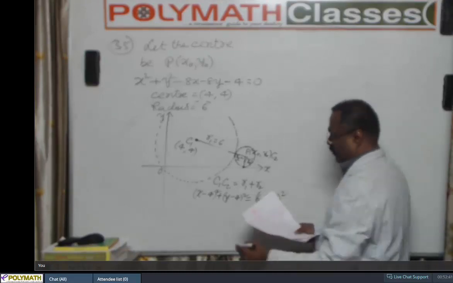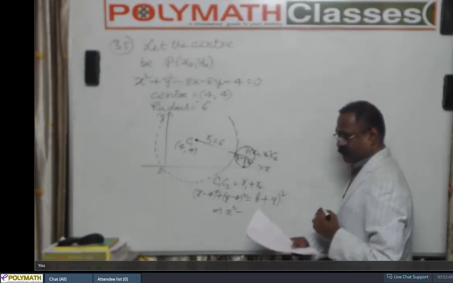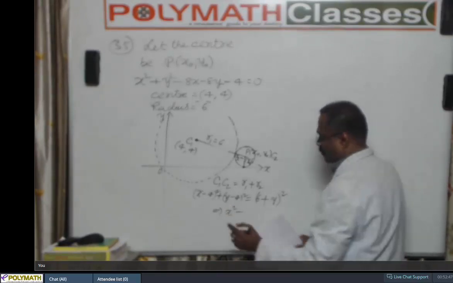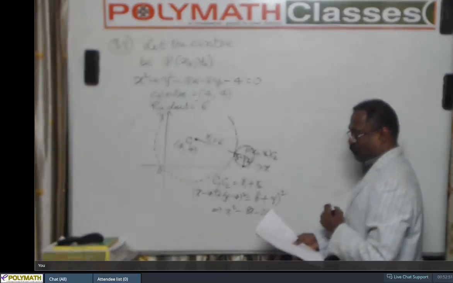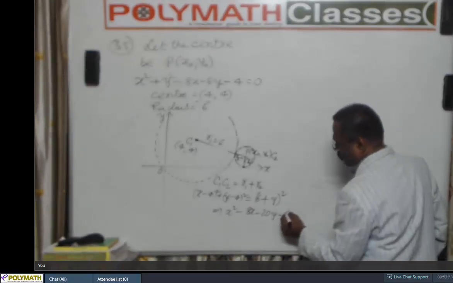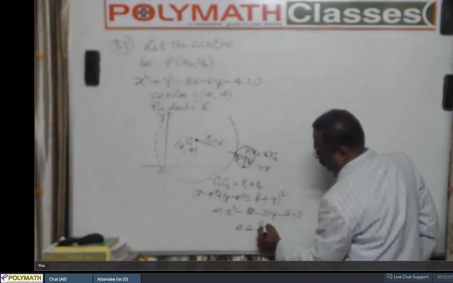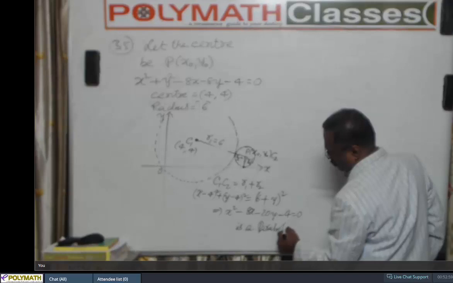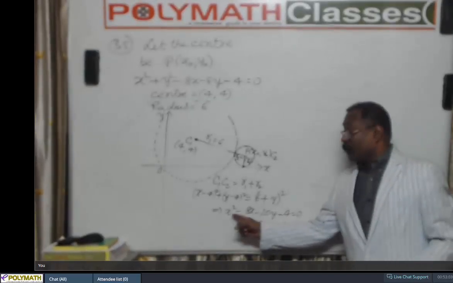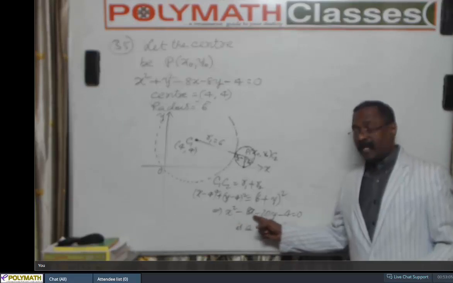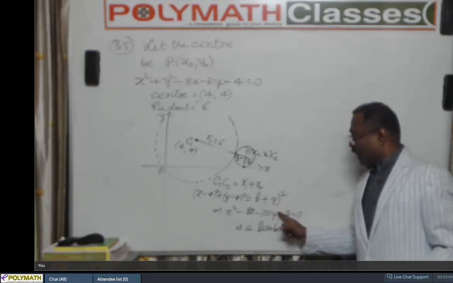After simplification, you'll get x² − 8x − 20y − 4 = 0, which is a parabola whose axis is parallel to the y-axis, because you have the square of x here and the power of y is 1.